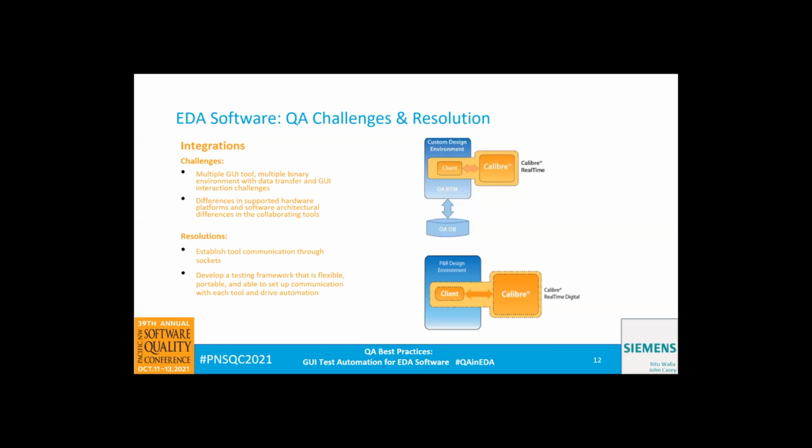In the case of our specific product, Calibre Realtime, it must be tested while integrated with 4 different IC analog layout editors and 3 different IC digital layout tools. These are called place and route tools. Some are made by Siemens and some are made by other vendors. It was imperative that we're able to communicate with those tools and have a way to interact with their event loops and drive them synchronously using our regression scripts.